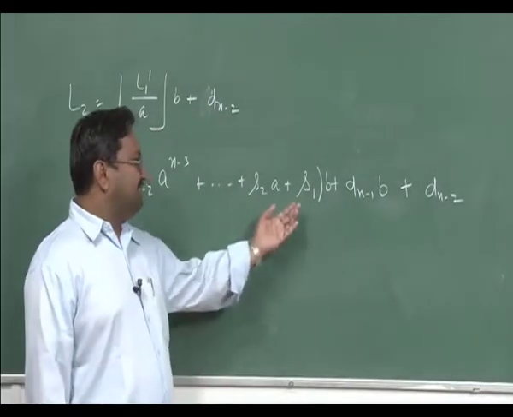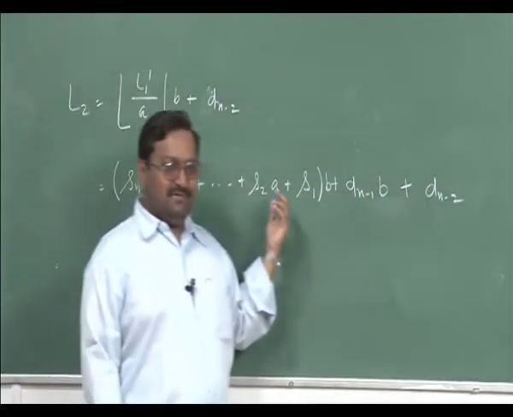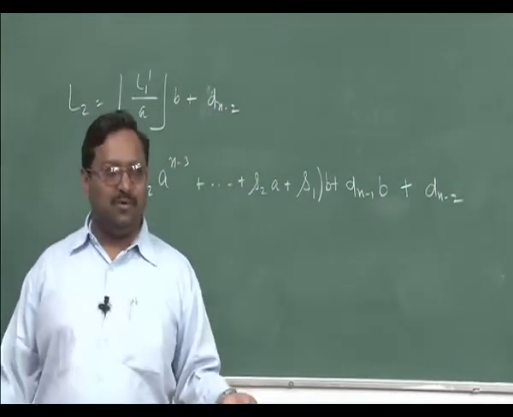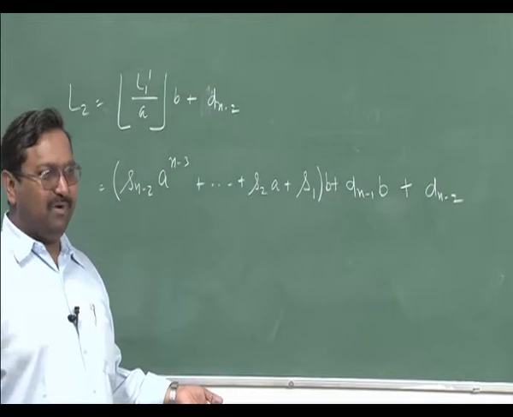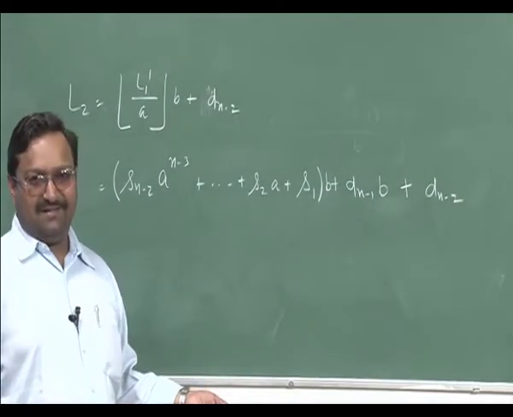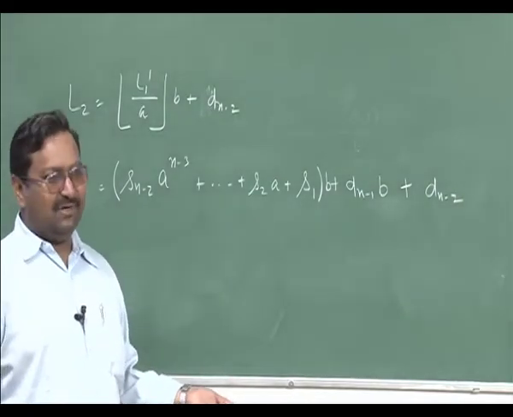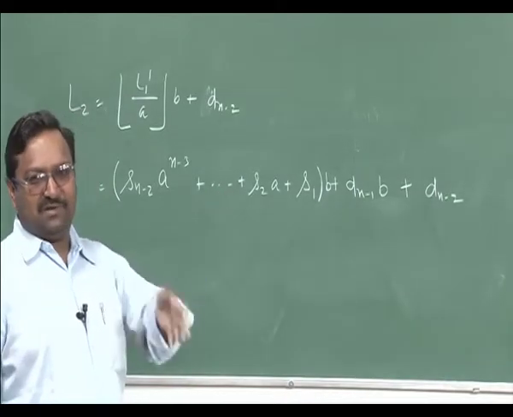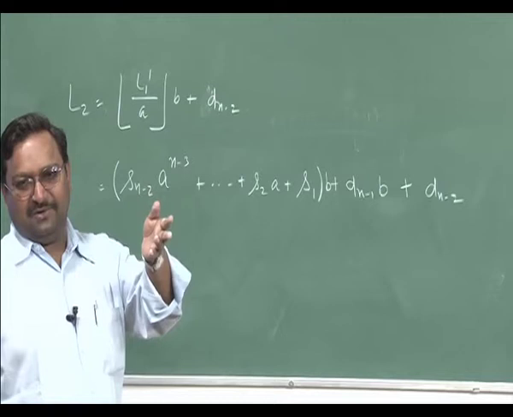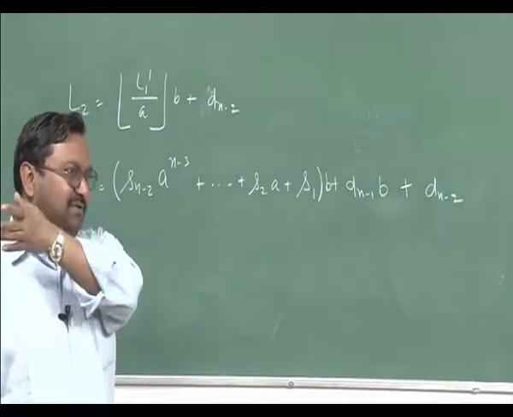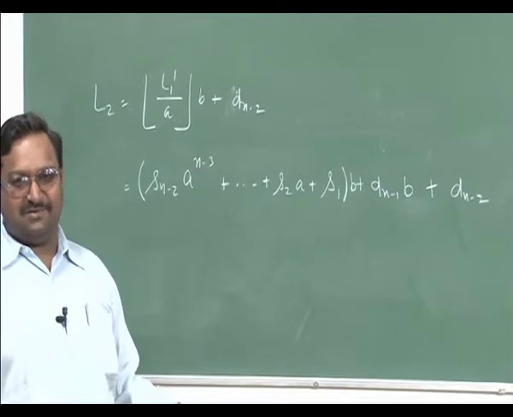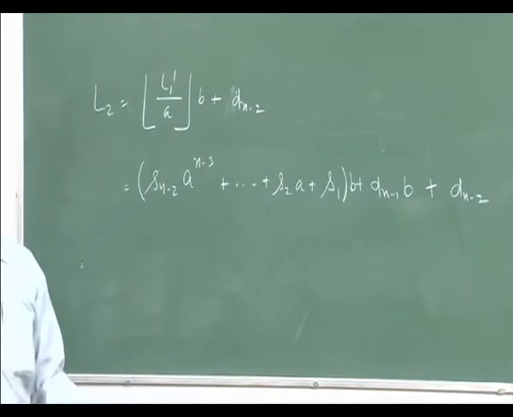So ultimately all these terms will die away with time, every stage, and only these dn minus 1 terms will come, and whatever is the output will tell what is the port number to which it is mapping. If that port number is what is being governed by dn minus 1 raised power b n minus 1 plus dn minus 2 raised power b into n minus 2 and so on till plus d0. So I am actually going to an output port address. So it gets proved actually in that process.